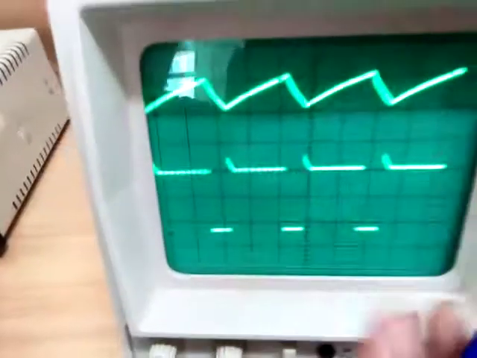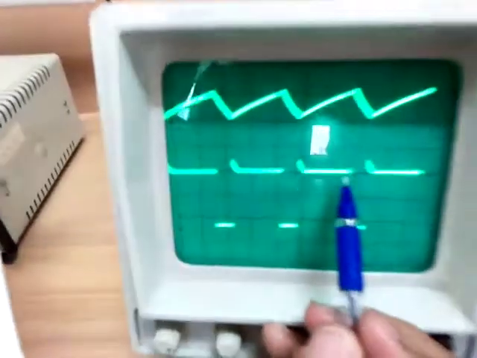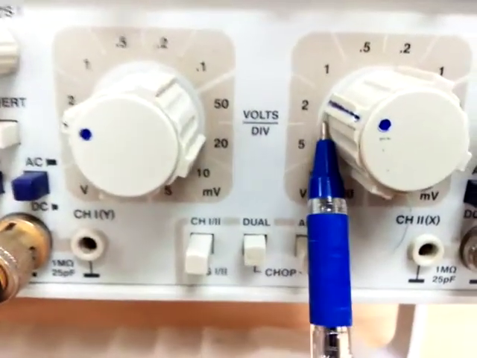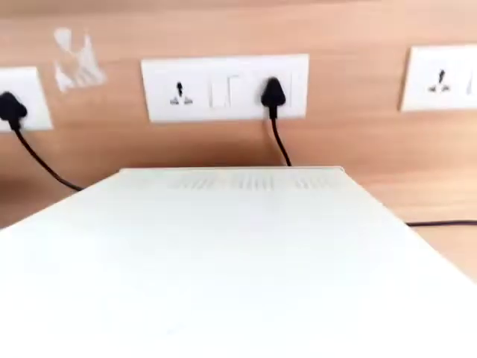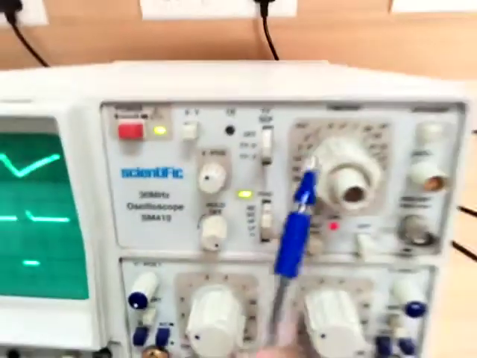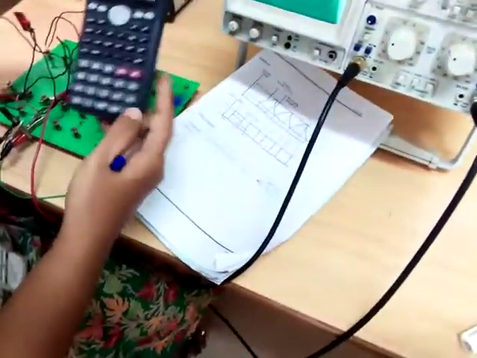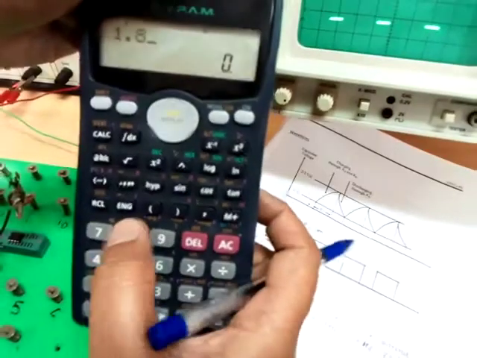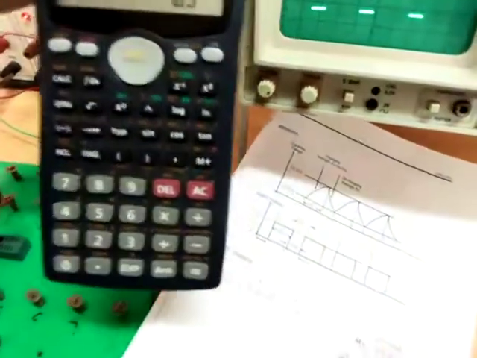So approximately it is 1.8 divisions. The volt per division is pointing at 2, and the time per division is pointing at 0.5 milliseconds. So 1.8 into 0.5, you will get 0.9 milliseconds.